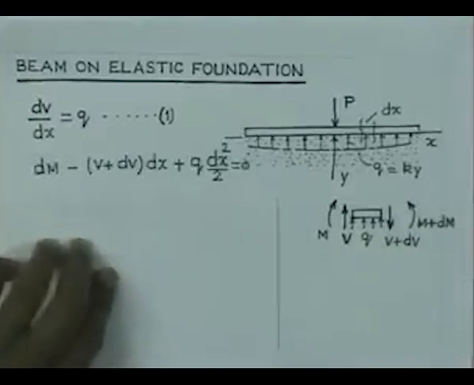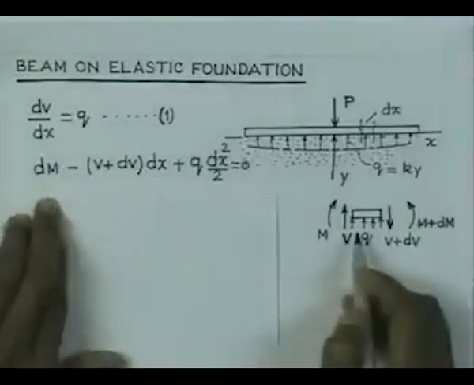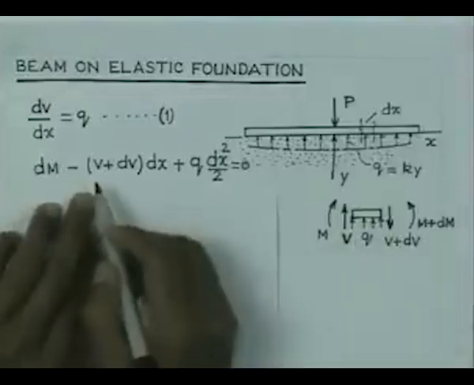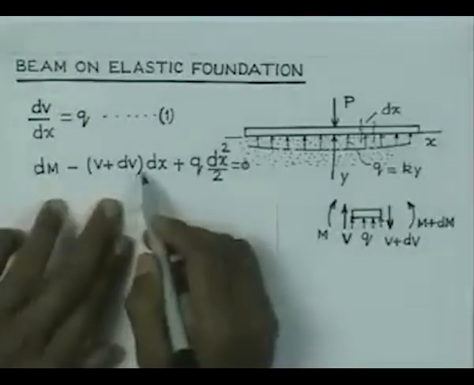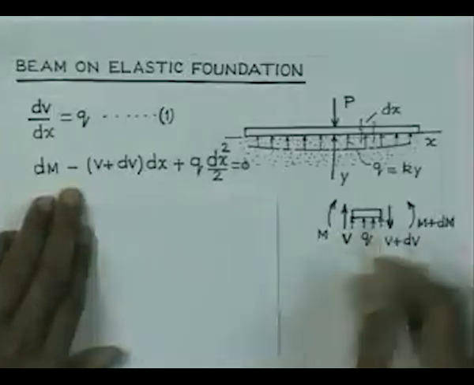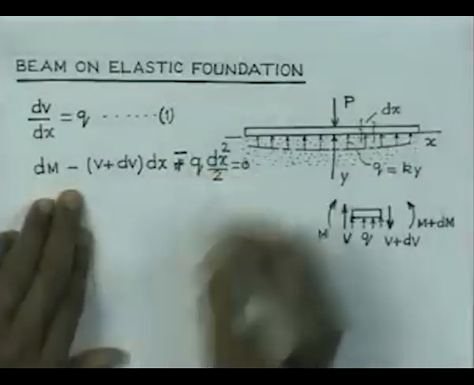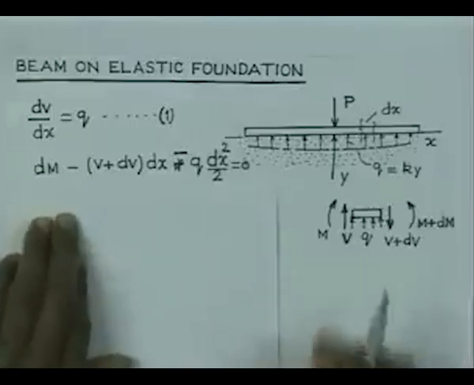So, therefore, we can write dM equal to V plus dV into dx. So, it is in the opposite direction, and I am sorry, this should be negative. Therefore, this is minus q dx squared by 2. So, that is the equilibrium equation in terms of moment.